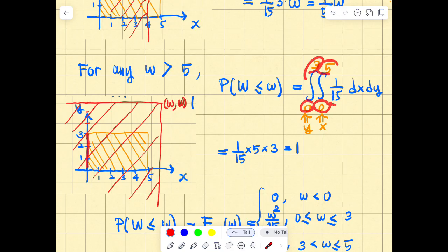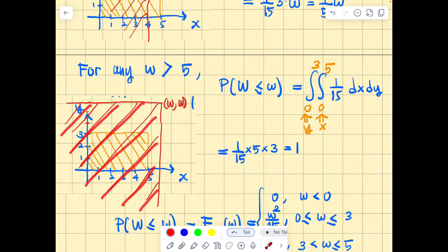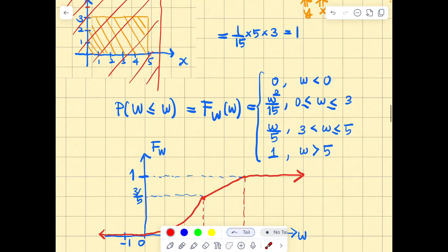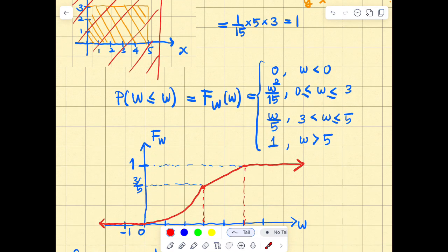To integrate this, of course, you're going to get 1, because this covers the entire possibility. So at the end, we find these different cases of the CDF. If W is less than 0, the CDF is equal to 0. Between 0 and 3, it's W squared over 15. Between 3 and 5, it's W over 5, and if it's bigger than 5, then it's 1.